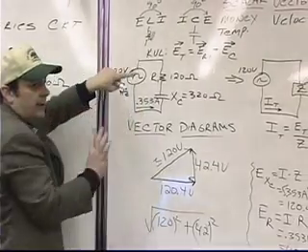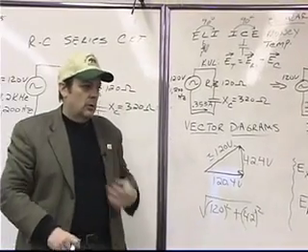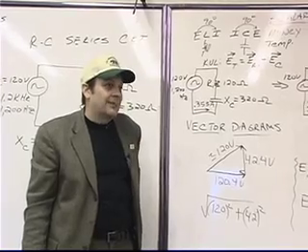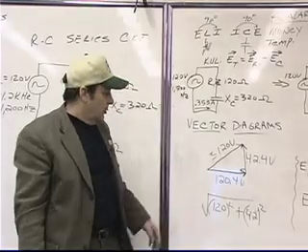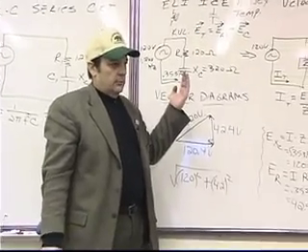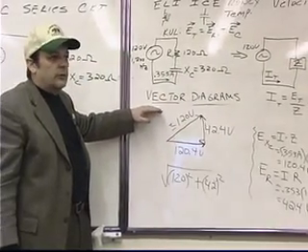It seems at first glance to not comply with Kirchhoff's voltage law. But it does in fact comply with Kirchhoff's voltage law because we have to use the Pythagorean theorem to add the voltages together. Okay? So we call this a vector voltage diagram.